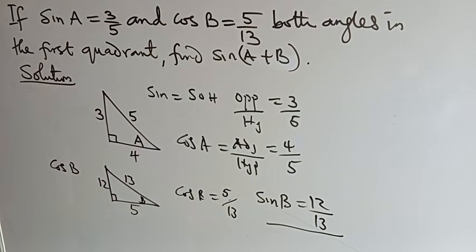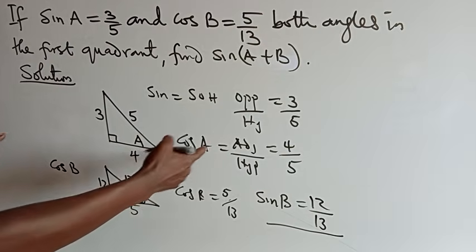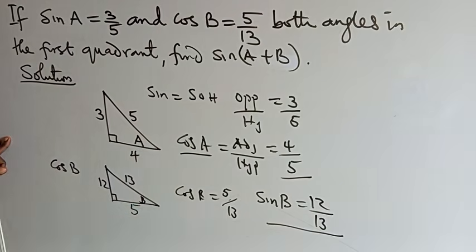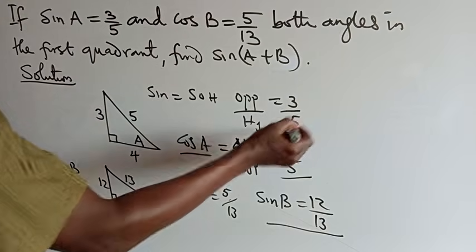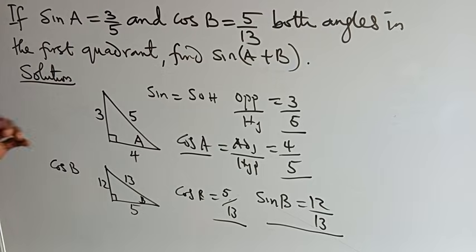Fine. So we have gotten all the needed values. We have sine B, we are given sine A, which is 3 over 5, we have cos A, and we are equally given cos B. So the next thing for us is to substitute the values of the parameters that are needed.